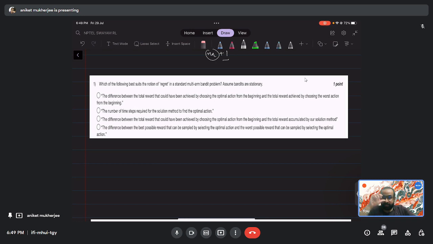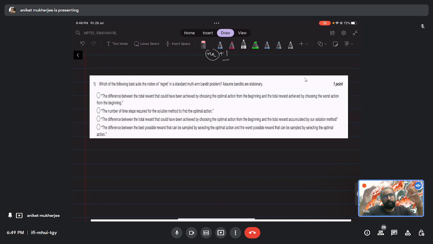I hope you have tried it. Okay, I'll read each and every option and say what the plan is. The first option is the difference between the total reward that could have been achieved by choosing the optimal action from the beginning and the total reward achieved by choosing the worst action from the beginning. So that is not a notion of regret.